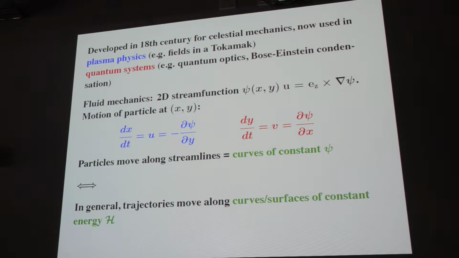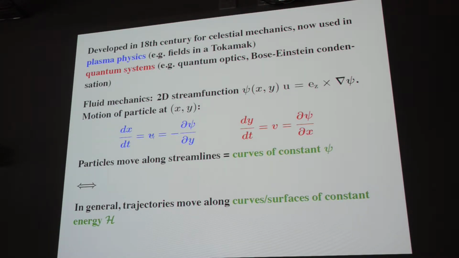In fluid mechanics, you can nonetheless apply it, not to the Navier-Stokes equations directly, but to kinematics. That is to say, if you have a stream function psi that describes a velocity by u equals e_z cross grad psi, then you know that u is minus ∂psi/∂y and v is ∂psi/∂x. Everybody knows that. That's the definition of stream function.